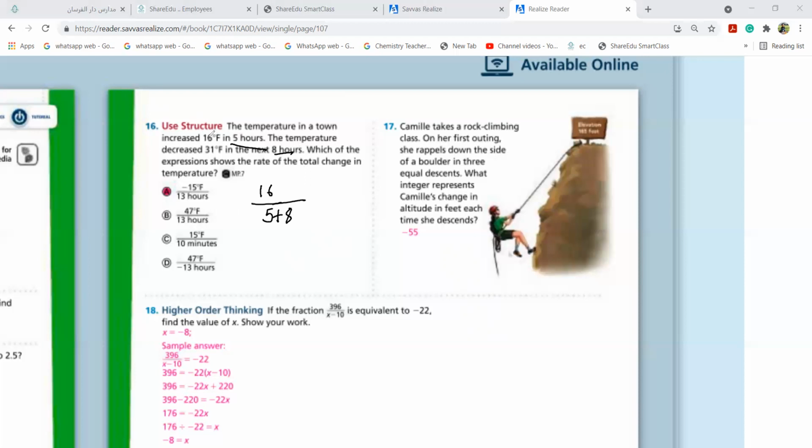First it increased to 16 and then it decreased by 31 in 13 hours. What is 16 minus 31? It is 15, with the sign of the bigger number, because here this is subtraction. I took minus, and your answer is minus 15 over 13. This is degrees Fahrenheit and this is hours. Now did you get it?